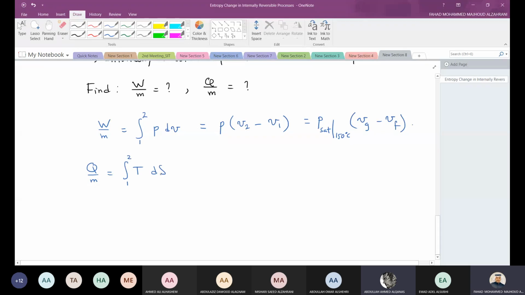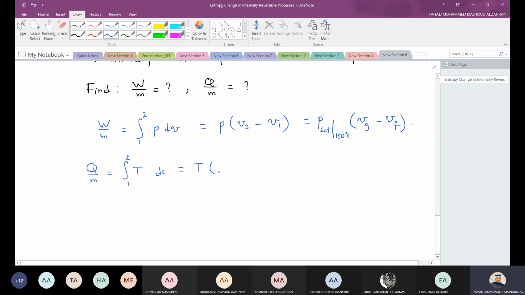So from 1 to 2, T ds. And since it is a constant temperature process, this is T, right? Then s2 minus s1. So let's write it in terms of, again, small s. So this is ds, 1 to 2.